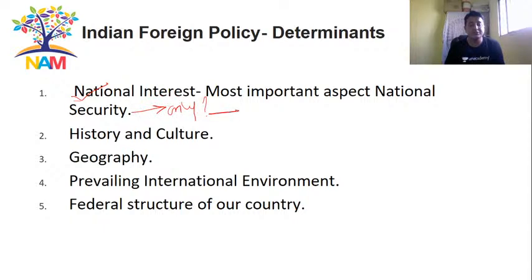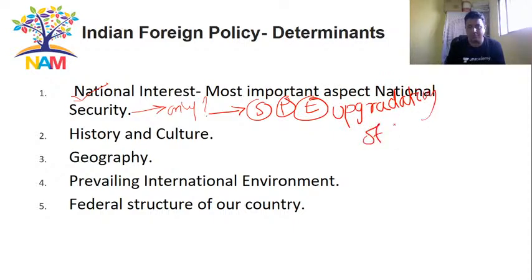It includes the socio-political-economic upgradation of the country. So the national policy is designed based on national interest. Clear? Second, we mentioned that historical and cultural factors also play a role.